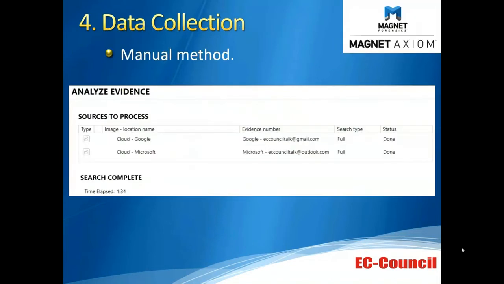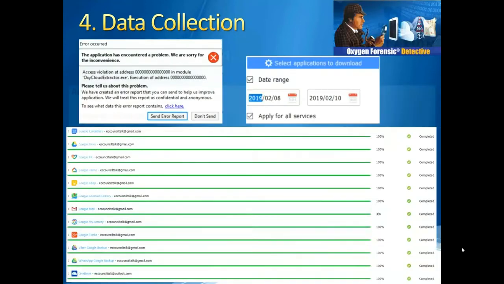Now we move on to the data collection phase. Axiom managed to connect and collect Google and OneDrive data by manually entering the user credentials. Oxygen Forensic Detective collected data from Google and OneDrive using the extracted tokens and credentials.